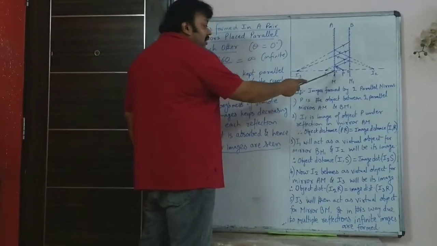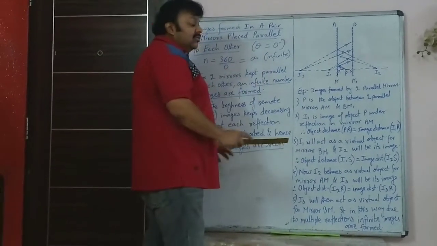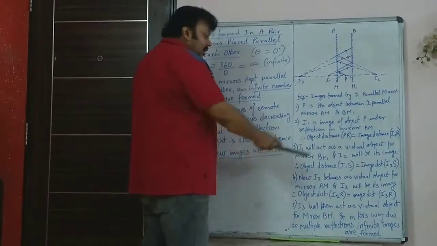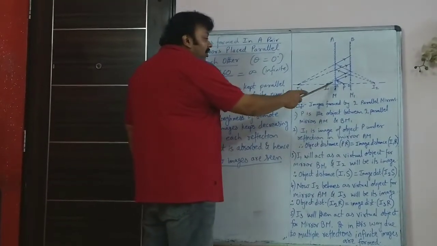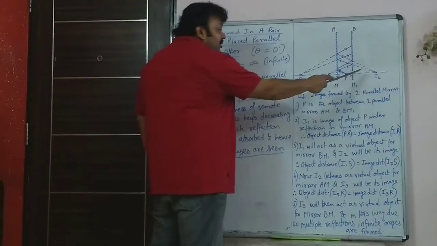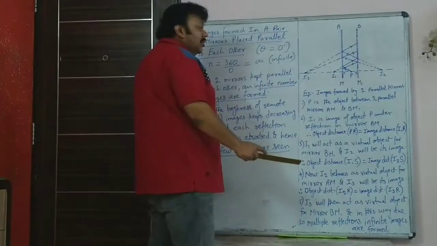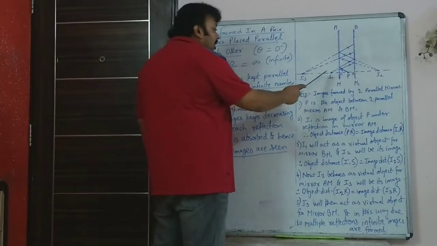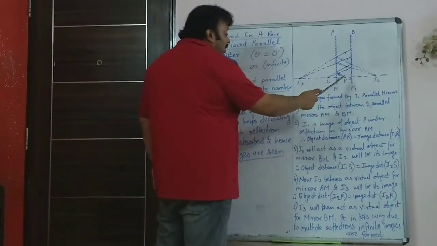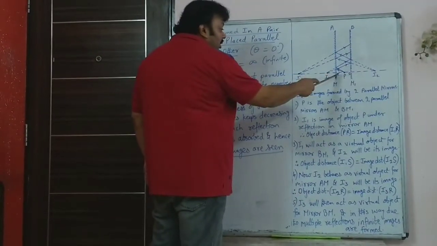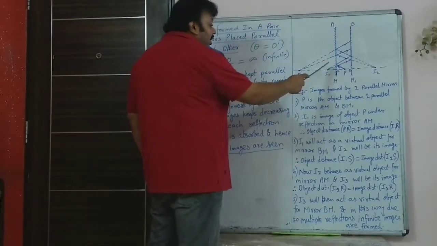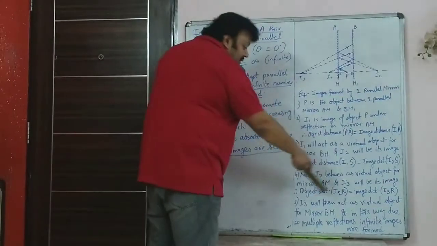That distance and the R to I1 distance should be the same. Same way, I1 to S, that distance and I2 to S, that distance should be the same. Then you have I3 to S, then you have I2 to R and I3 to R, that distance should be the same.